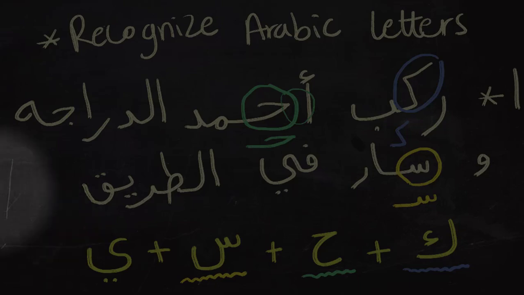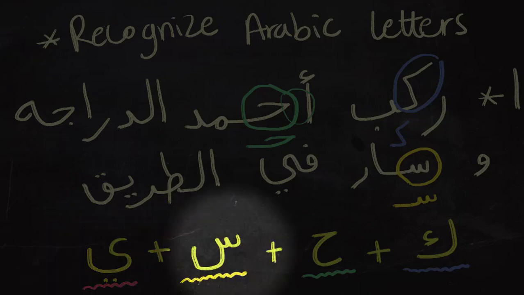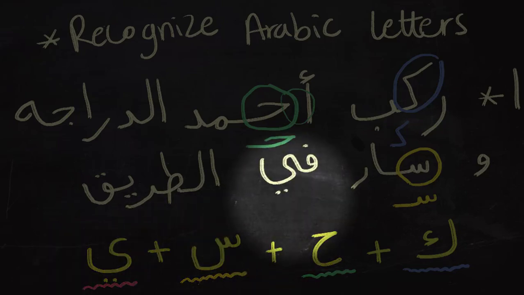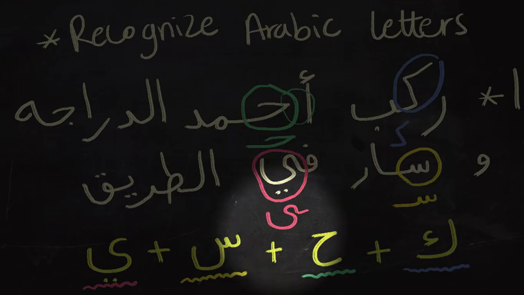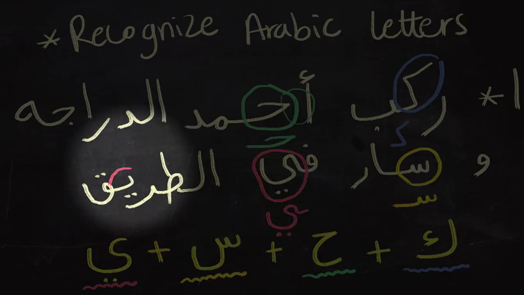Last is ya, and for ya, I'm going to use the magenta, and ya is found 2 times in this instance. It is found in the end of the word fi, and in the position of in the middle.